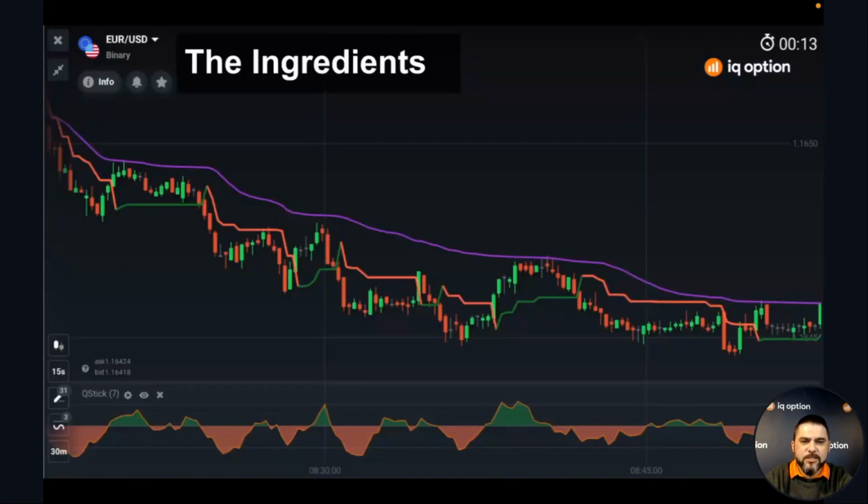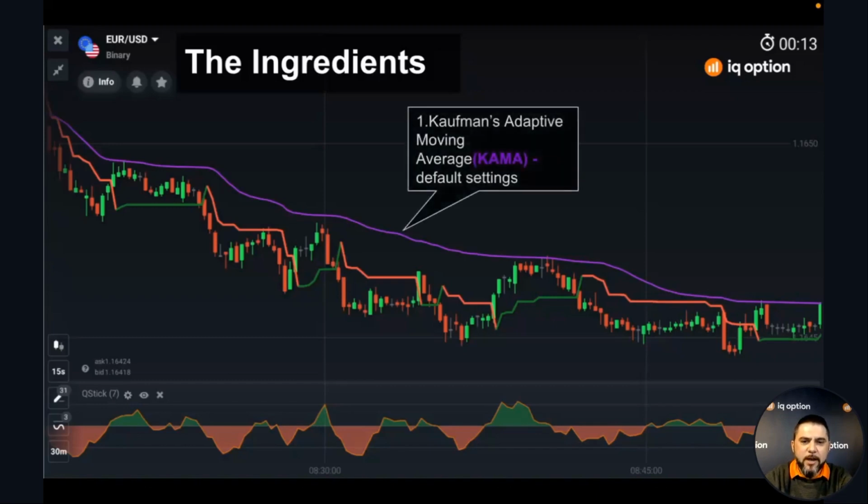Okay, ingredients. This is what it will look like, guys. Once you have set up the 3 indicators, you'll see the purple line. It normally comes out in a light blue. We changed it to purple here to make it more visible. So Kaufman adaptive moving average, default settings.